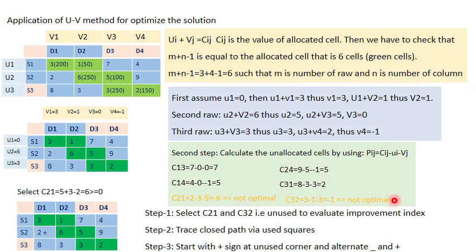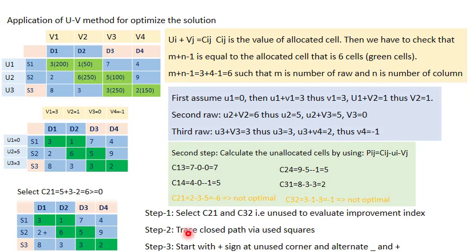So we have to make this optimal. So step 1 is select C21 and C32. These are the unused cells, and we use these unused cells to evaluate an improvement index.